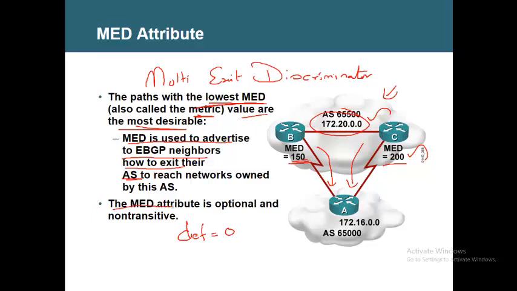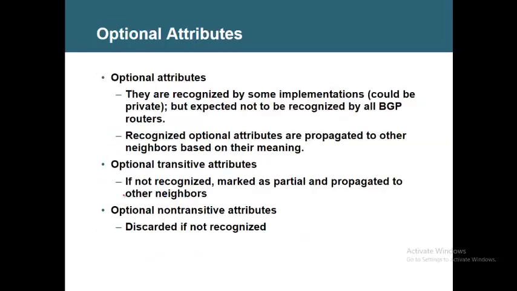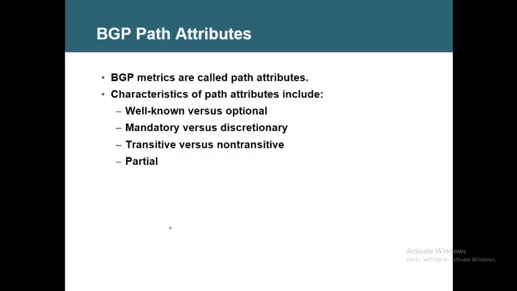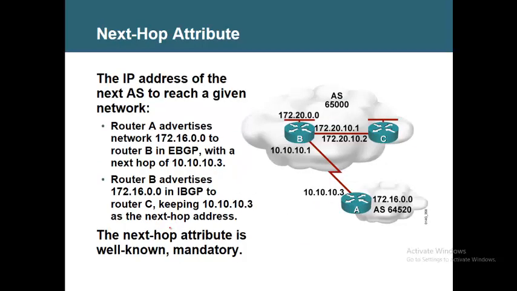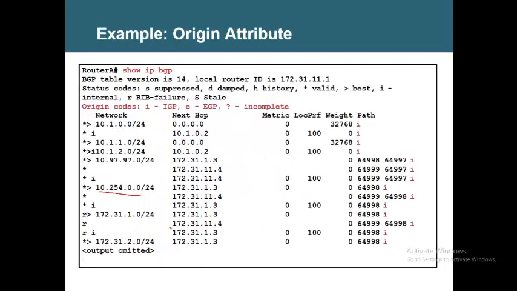The MED attribute is an optional non-transitive. What is optional non-transitive? It should be there actually. If it is not there, it will be discarded. So there should be at least 0. MED, even though it is optional, it should be there.